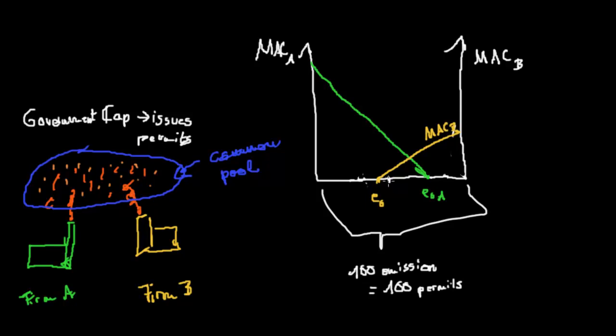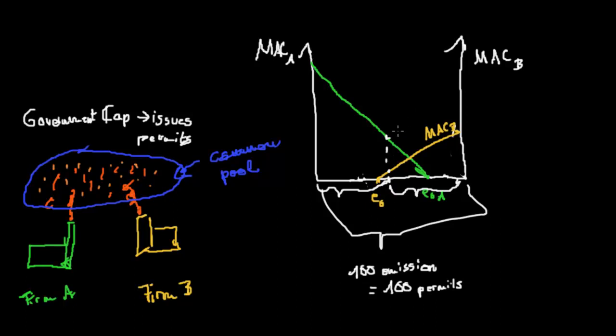So both firms receive 50 permits in the beginning. So they are gonna then, if they have 50 permits, face these costs of emissions, which are here on the dotted line.